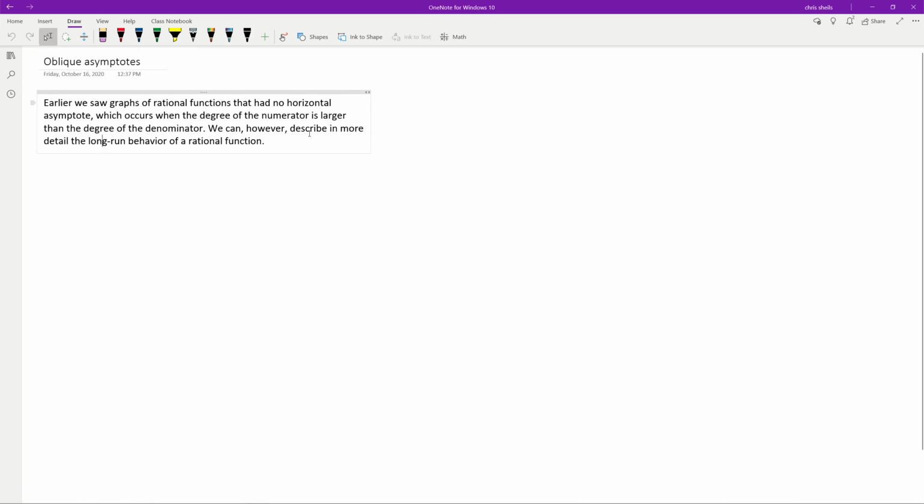I place parentheses around this, and I subtract, and I get a remainder of 77. So this means that (3x squared plus 2) over (x minus 5) can be rewritten as 3x plus 15 plus 77 over (x minus 5).